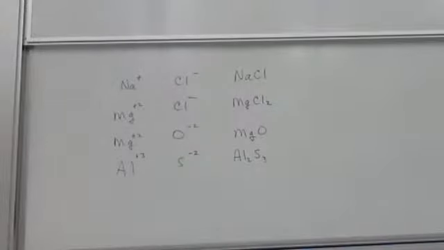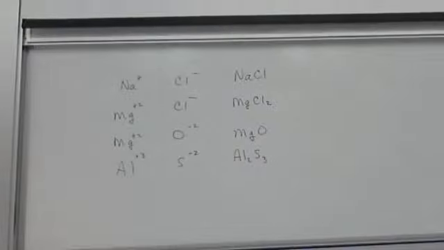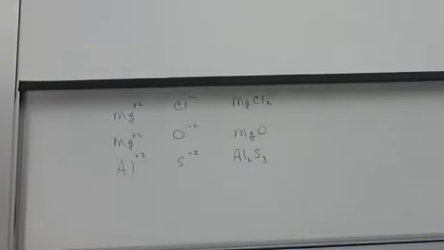Now, I can show you a good example of a crystal lattice with sodium chloride. Sodium chloride, ordinary table salt, is also an ionic compound and therefore forms an arrangement of the ions, which we call a crystal lattice.